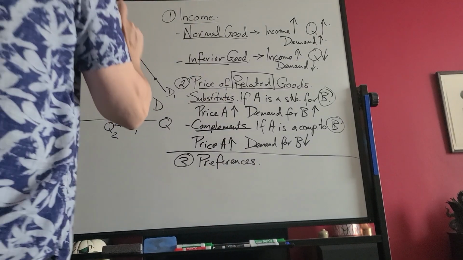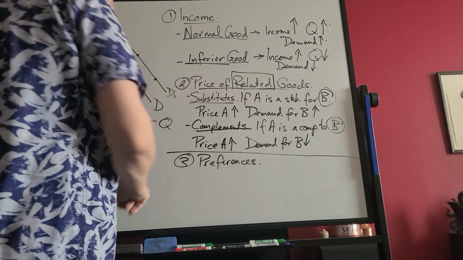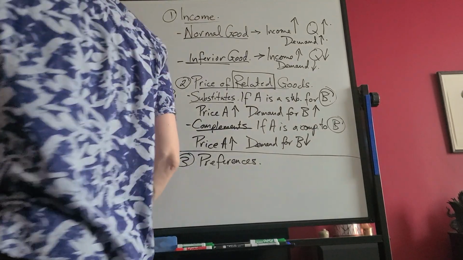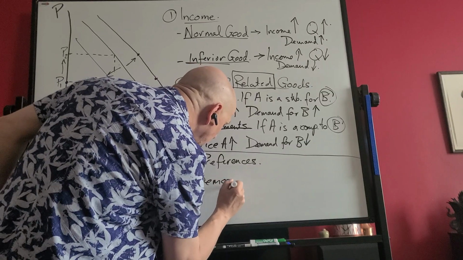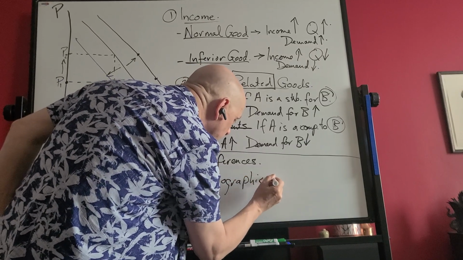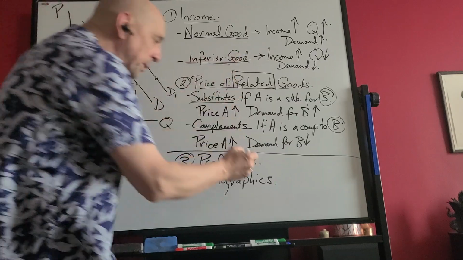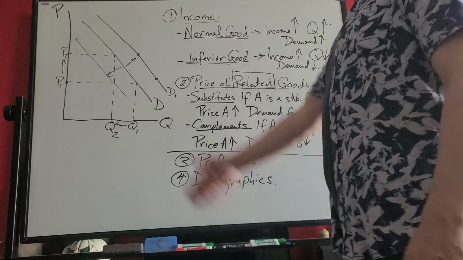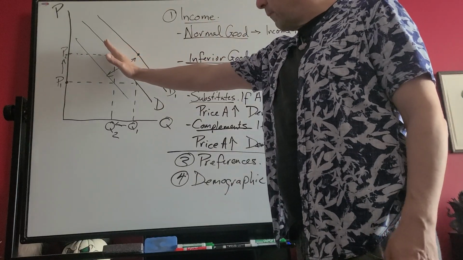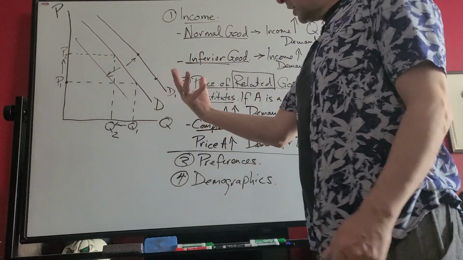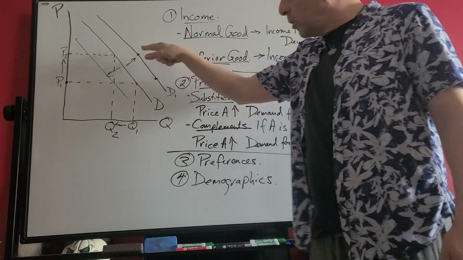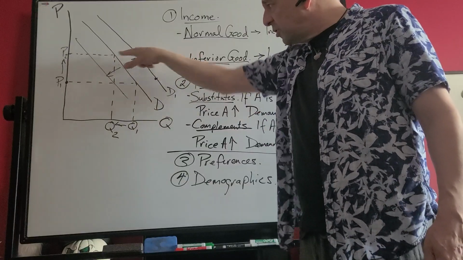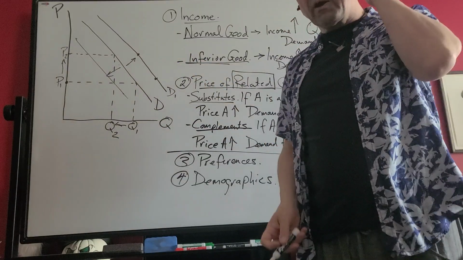Okay, so we have income, we have price of related goods, we have preferences, and then we also have sheer demographics. Right? That could be the number of people in the population. Let's say it's staples, some sort of food. Well, if we suddenly have more people, then this is going to move the curve because at all prices, the quantity demanded is going to be higher.